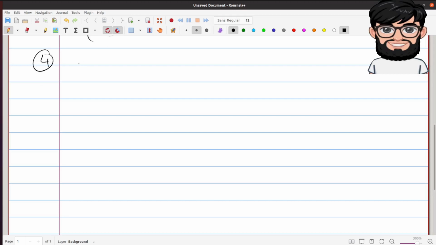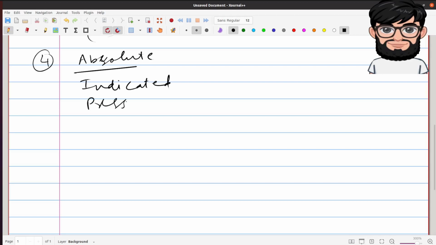Now we're going to be covering some altitudes here: absolute, indicated, pressure altitude, true altitude, and density altitude. All of them are very important to know.